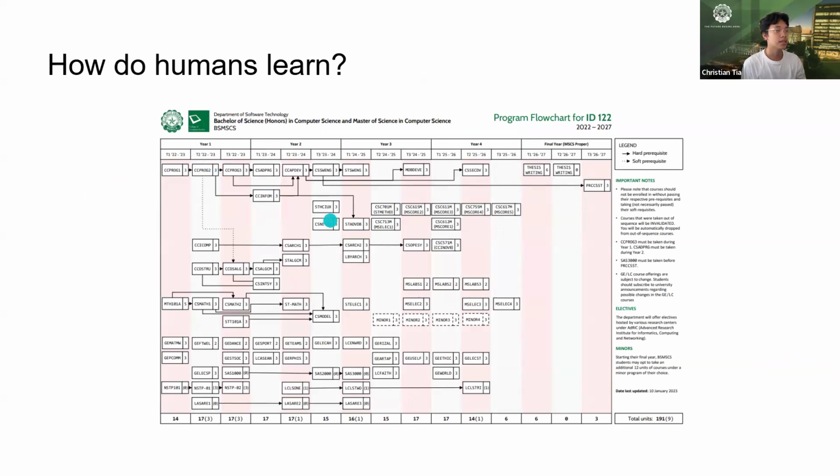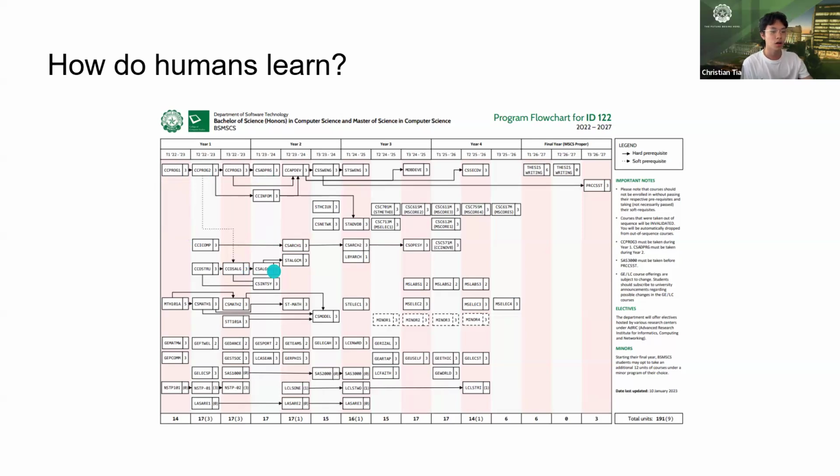And the university does this because it knows that there must be a meaningful order at which students are presented information in order to promote better learning and better understanding. For example, the PROG series, which I think a lot of you have taken, at the start you obviously start with basic concepts like data types, syntax in C, etc. And then eventually, as you finish that course, you move on to more specialized concepts like object-oriented programming in Prog 3, I think.